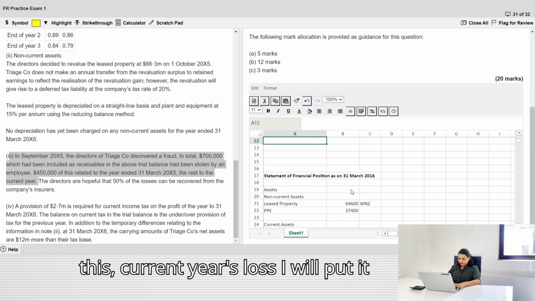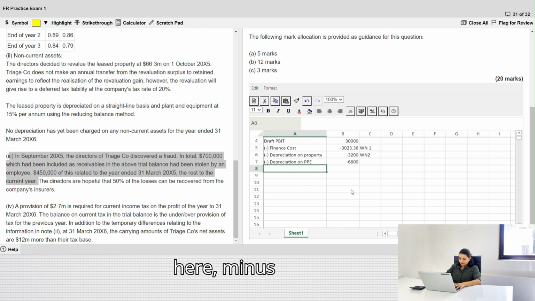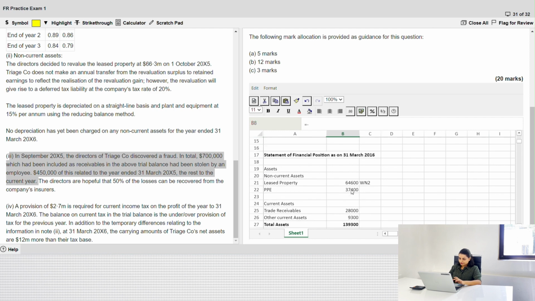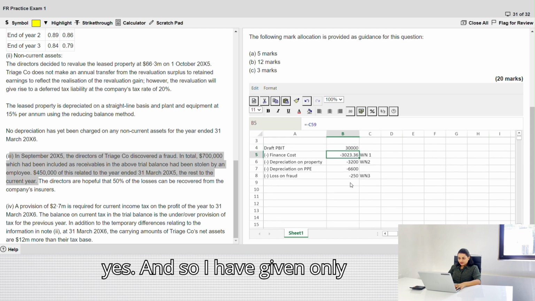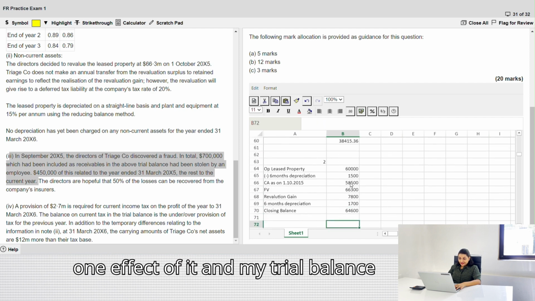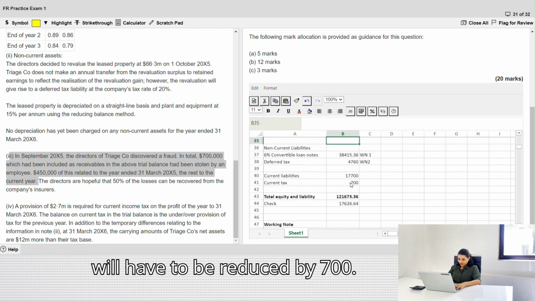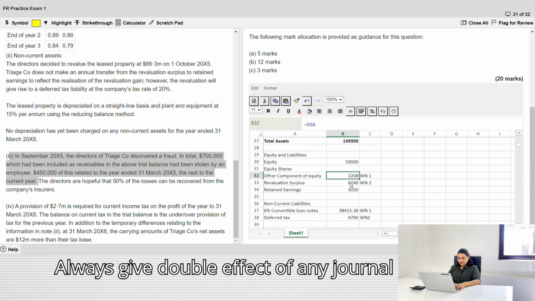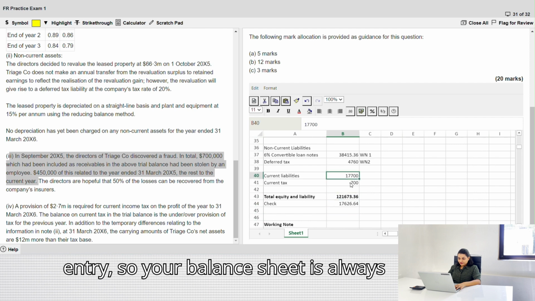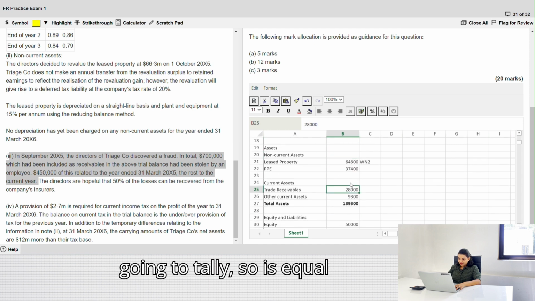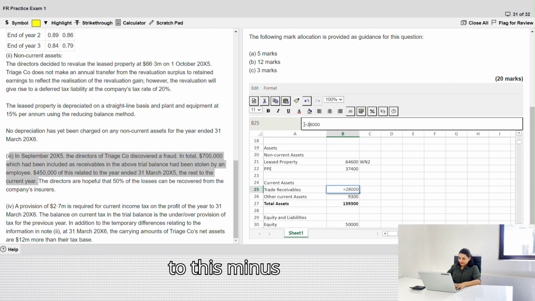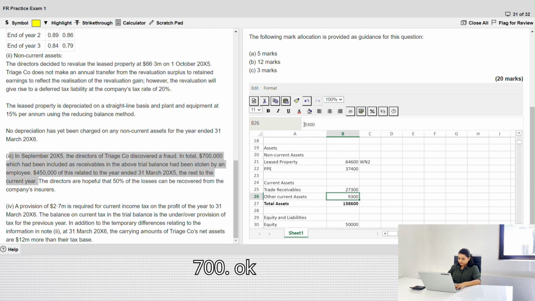Current year's loss, I will put it here, minus loss on fraud, working note 3. Yes, and so I have given only one effect of it, and my trade receivables will have to be reduced by 700. Always give double effect of any journal entry, so your balance sheet is always going to tally. So is equal to this minus 700.